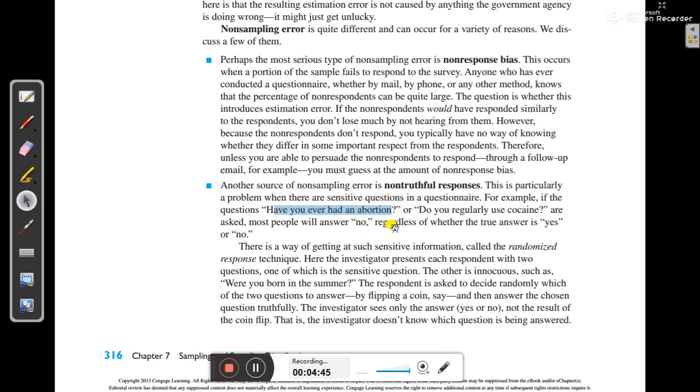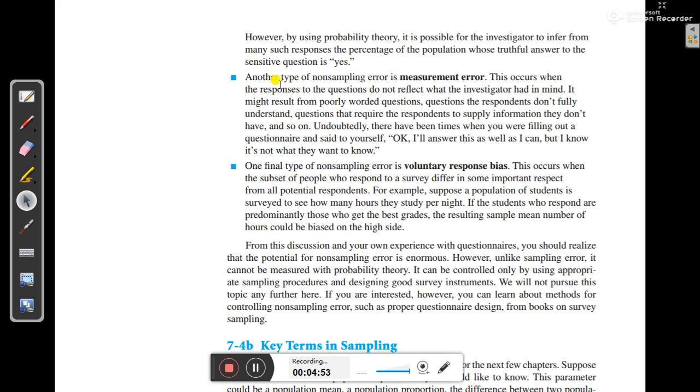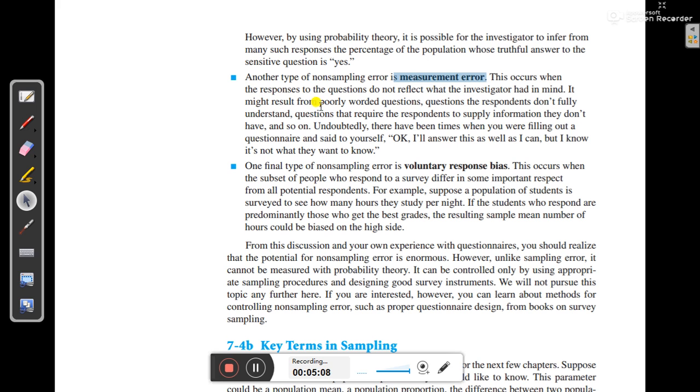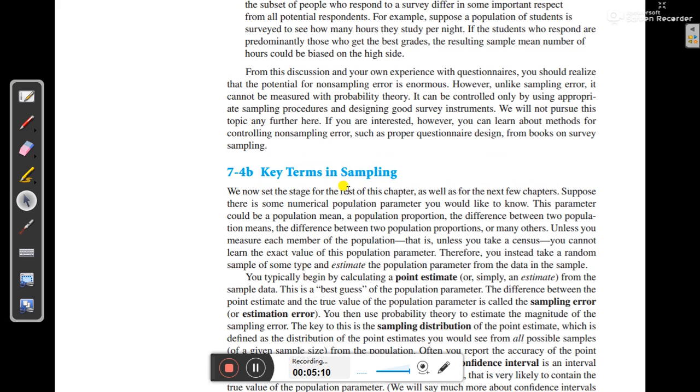In those types of questions, answers might not be truthful enough, and that might lead to non-sampling error. And there are others, such as measurement error and voluntary response bias. There might be many, so try to go through them and understand them. This is easy to understand.